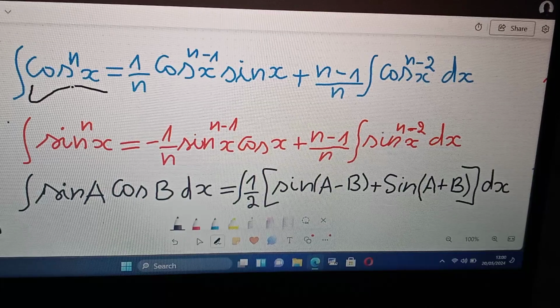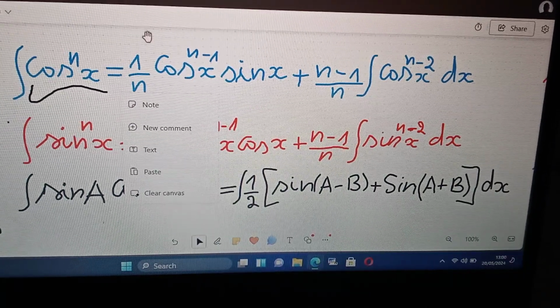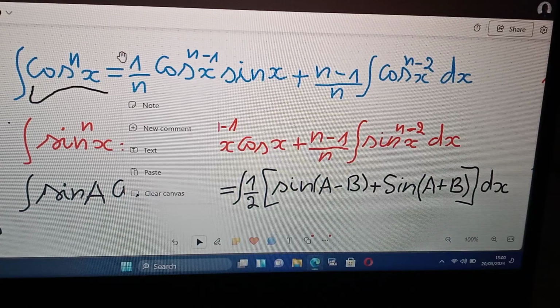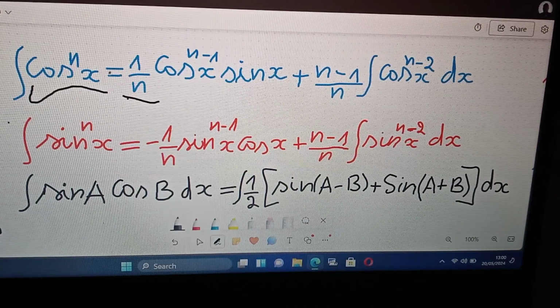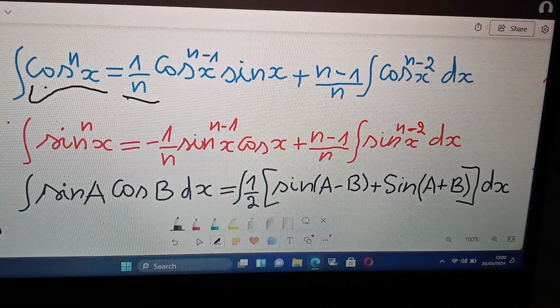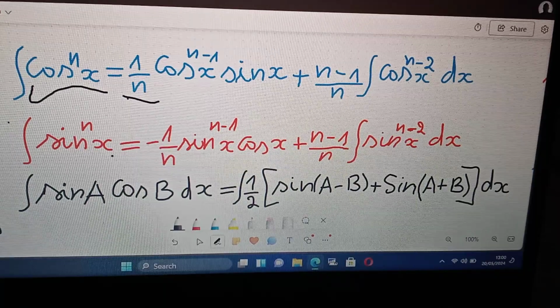Now, this is the formula we use to integrate those kinds of functions. How do we integrate the power of cosine or the power of sine?